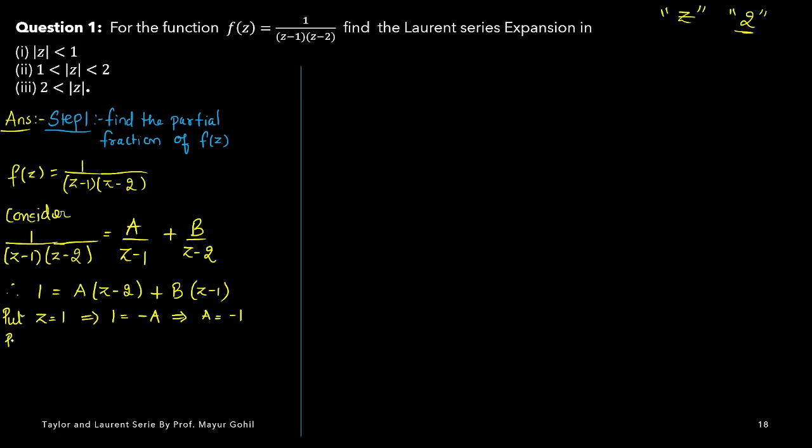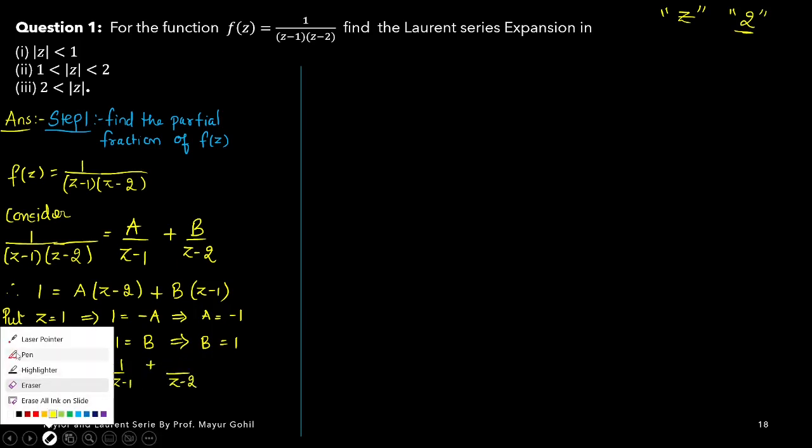Then again, when I put z equal to 2, I get 1 is equal to b, therefore b is 1. So my function f of z can be written as minus 1 over z minus 1 plus 1 over z minus 2.